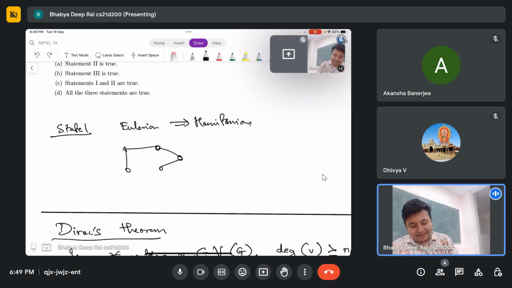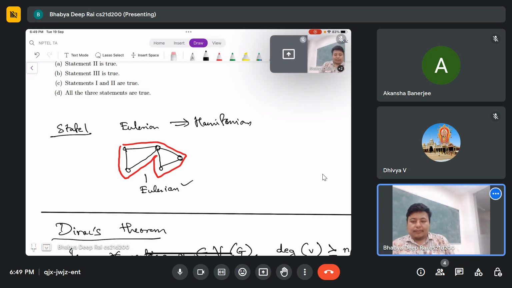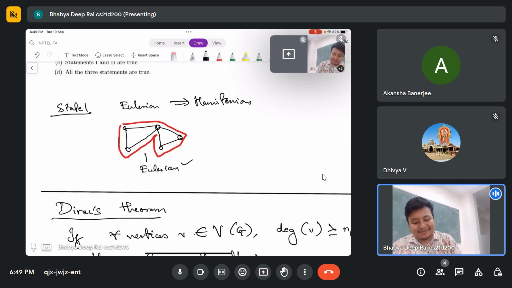So what I'll simply do is create a common meeting point. Now I'll observe that if I move here, here, here, here, until here, then this is definitely Eulerian, right? But is this Hamiltonian? That is, can I find a cycle which visits all the vertices?